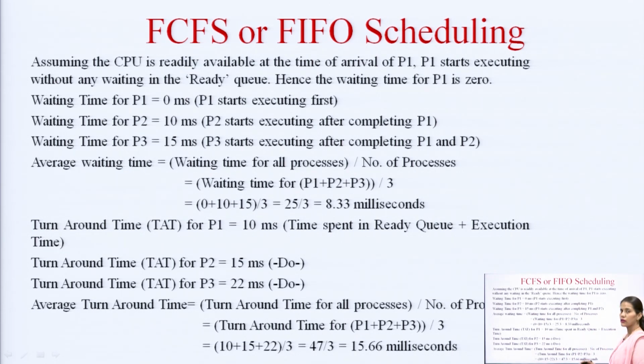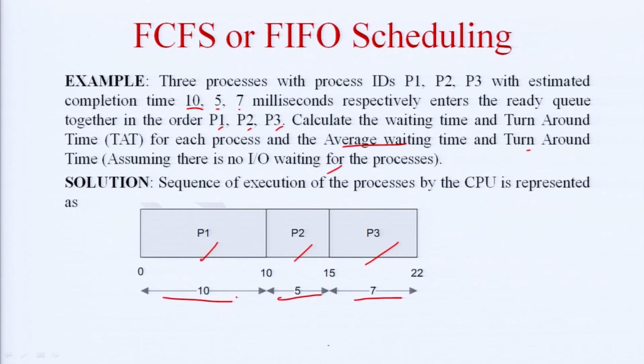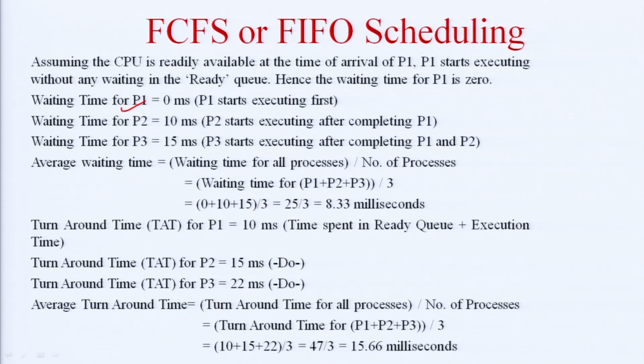Here, we assume the CPU is readily available at the time of arrival. First, the waiting time of P1. As soon as P1 enters the queue, it will get executed because there is no input output waiting time. So, the waiting time of P1 will be 0 milliseconds because there is no other task being executed before P1.